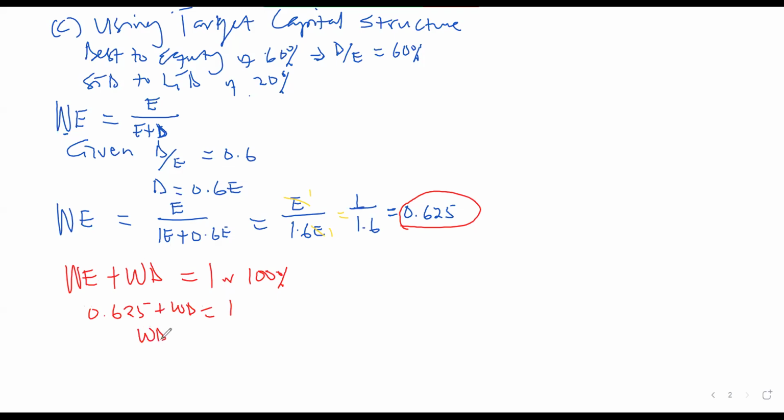So weight of debt should be equal to 1 minus 0.625, and that is 0.375. Okay, very easy.